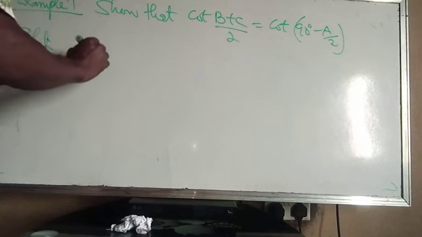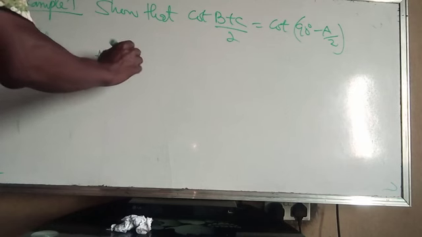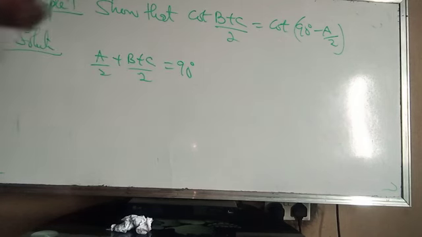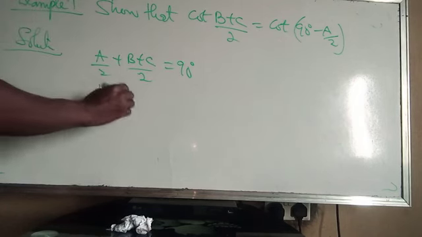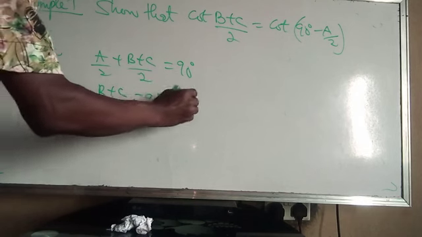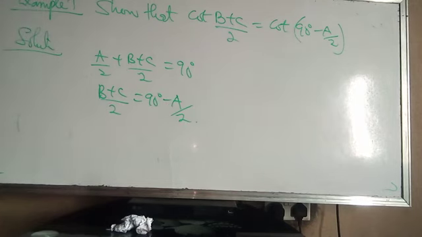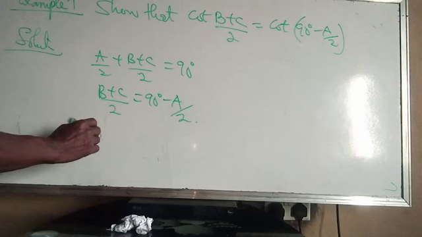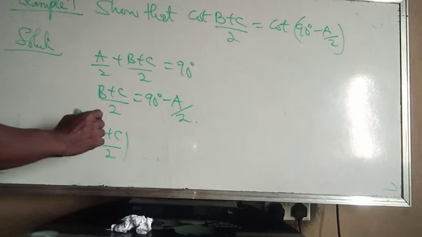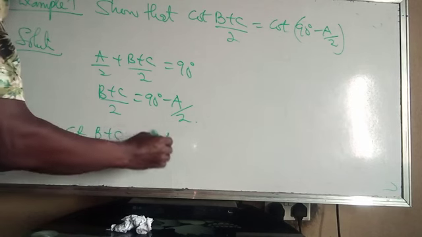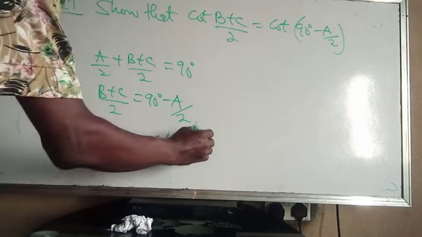A all over 2 plus B plus C all over 2 is 90 degrees. So B plus C all over 2 will be 90 degrees minus A all over 2. If you take cot of both sides, it will be cot of B plus C all over 2, and if you like, I'll put it in brackets, equals cot of 90 degrees minus A all over 2.